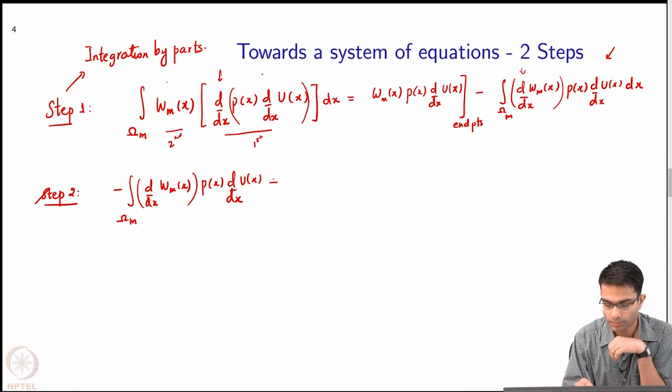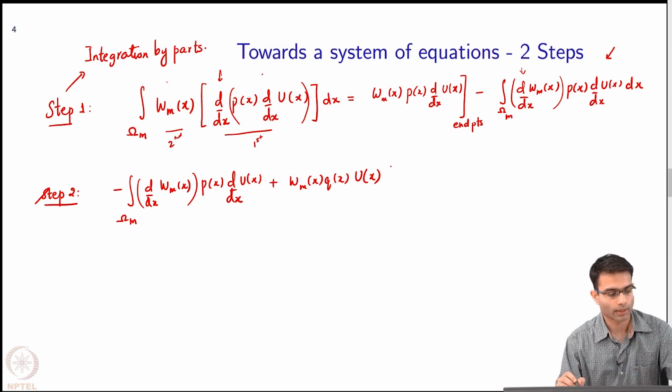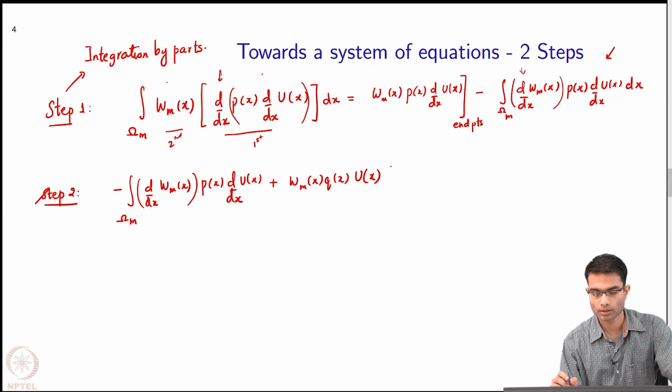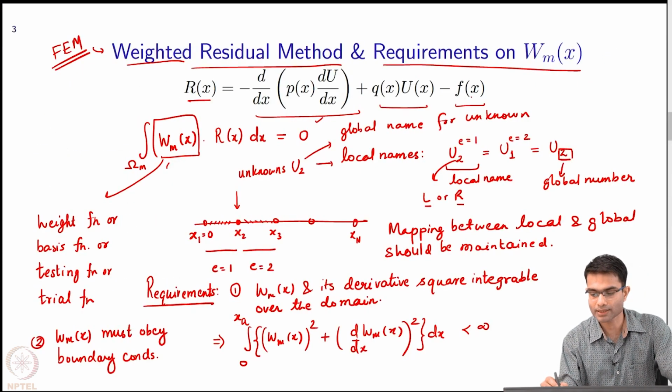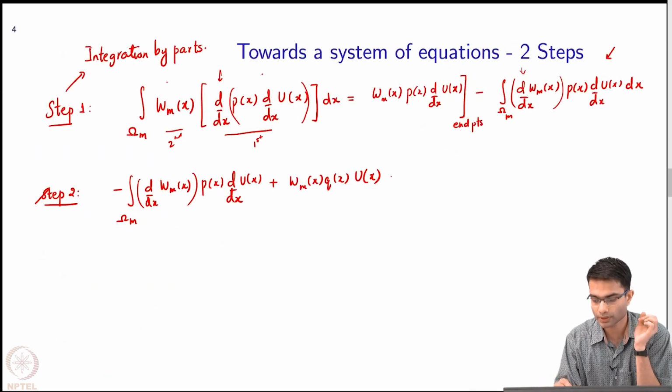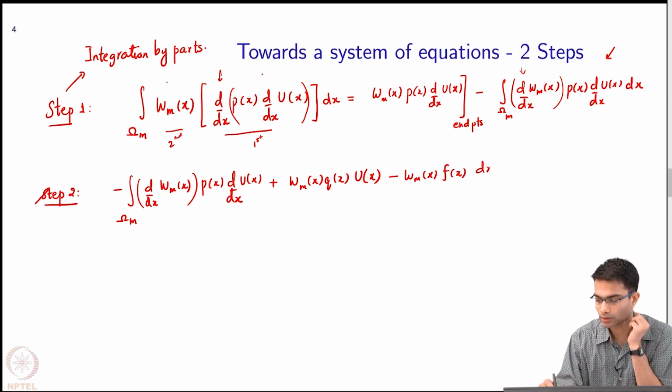So this will be a plus wmx qx ux, and there was a minus fx term over here, that's the third term. So that appears over here as minus wmx fx, whole thing dx.